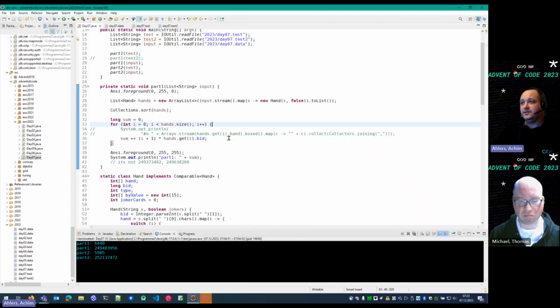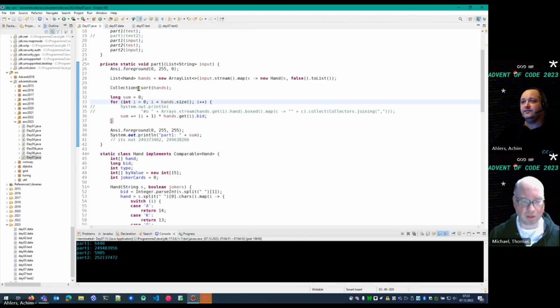So for the code, first we need to parse it, then sort the hands by their estimated value, and we have to sum them, and we have to take their position and multiply it with the bid value. That is the second part that is given.